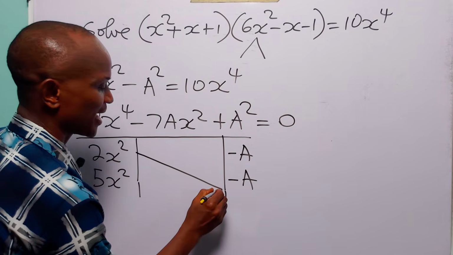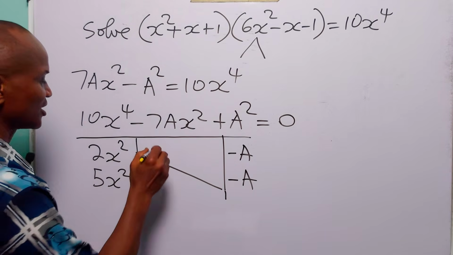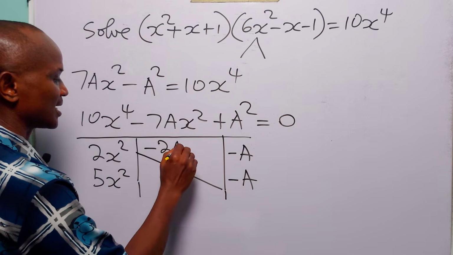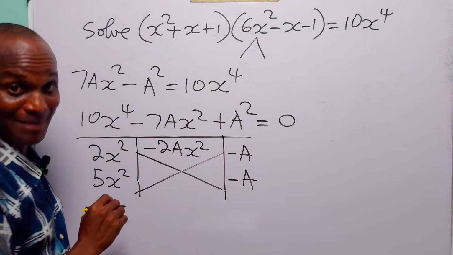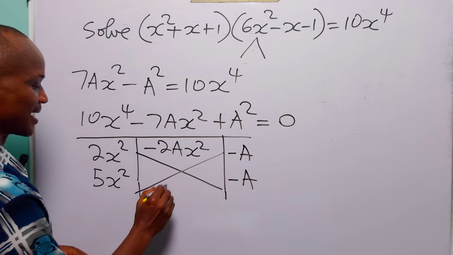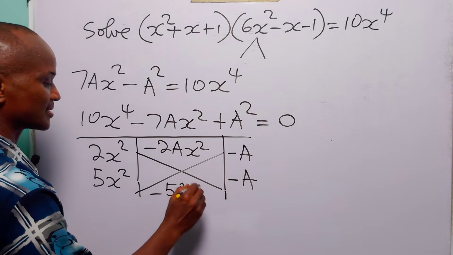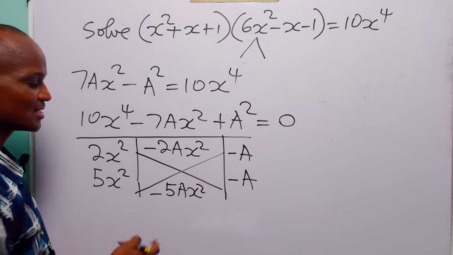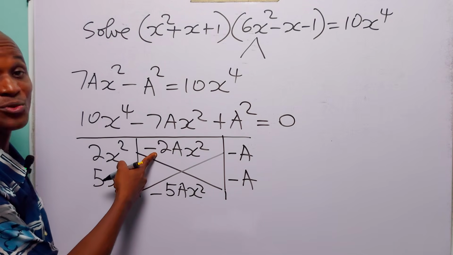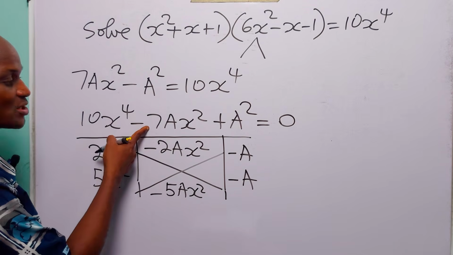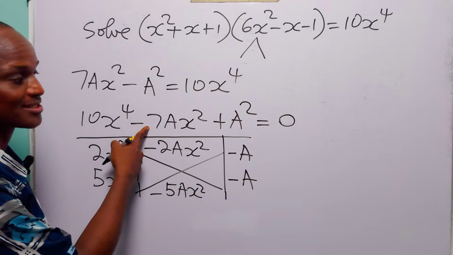Now, 2x squared times minus A is going to give us minus 2Ax squared. And 5x squared times minus A is going to give us minus 5Ax squared. And notice that minus 5Ax squared minus 2Ax squared is going to give us minus 7Ax squared.